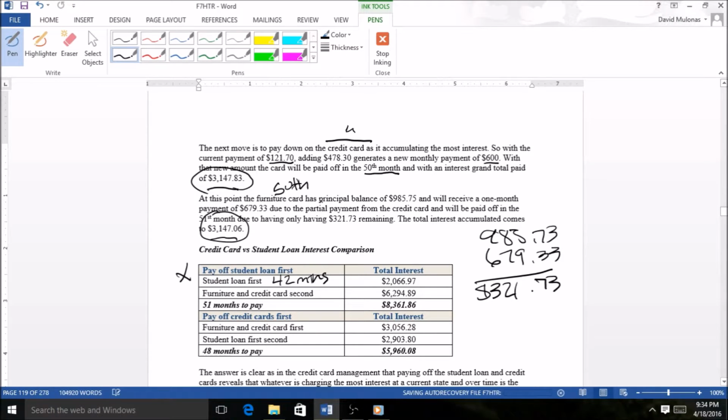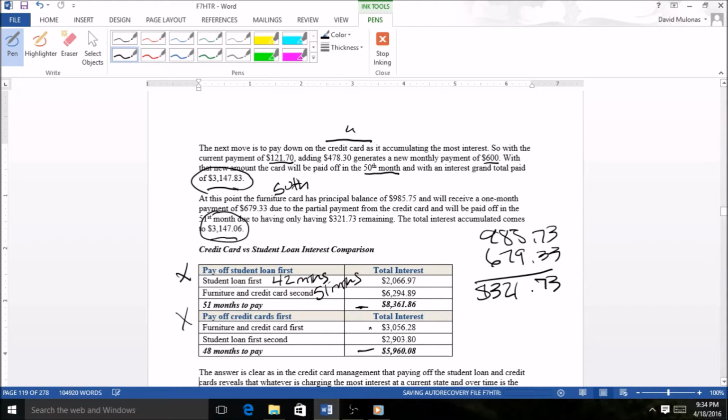But really what we're saying here, this is the total interest for the entire 51 months between both cards that get paid off. And so if we add that up, now you can see that we get $8,361.86.